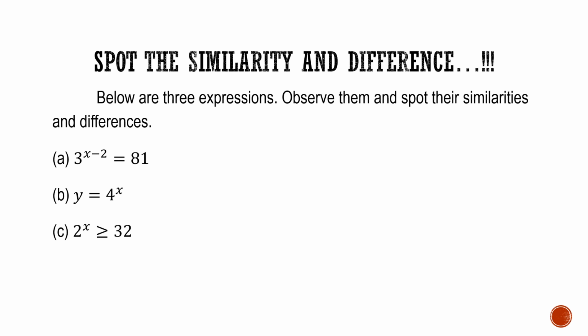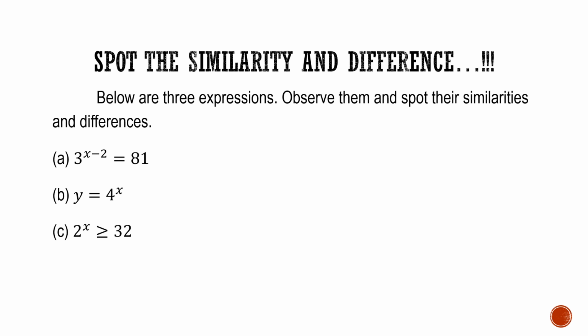Last time we were done with your exponential functions, wherein it can be represented in the form f of x is equal to b raised to x, which we can rewrite as y is equal to b raised to x, where your b is greater than 0 and not equal to 1.